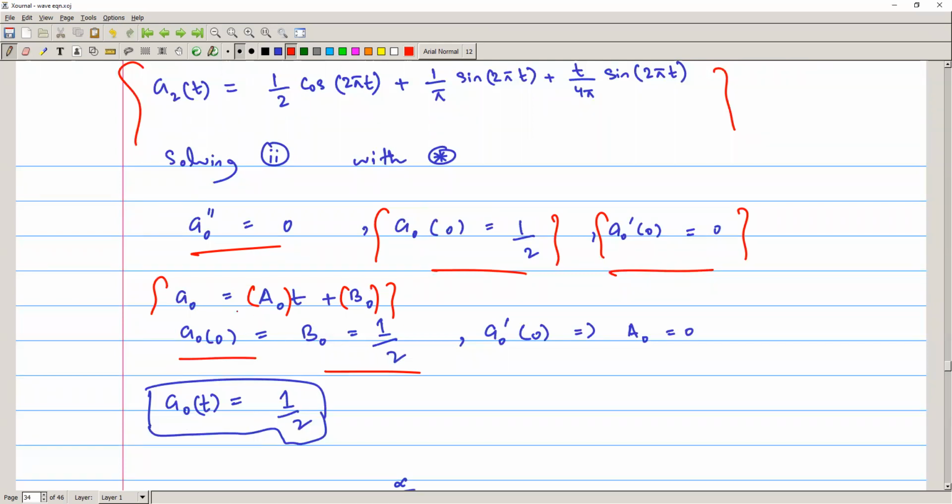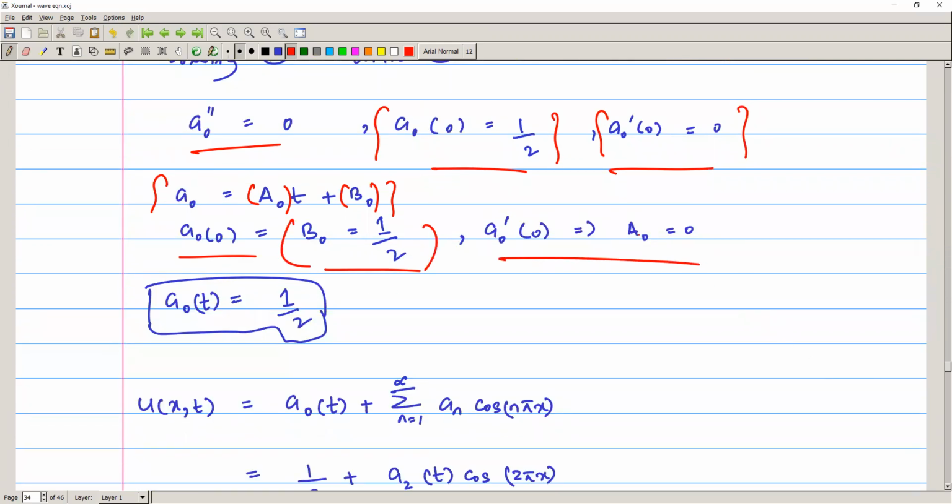Yes, A naught of 0 is equal to half, therefore B naught is equal to half, right? Then we will apply A naught prime 0 for this capital A naught. So we will get A naught of T is equal to 1 over 2, because this A naught is 0, right? So A naught will be equal to 0 times T plus 1 over 2, which gives this result.